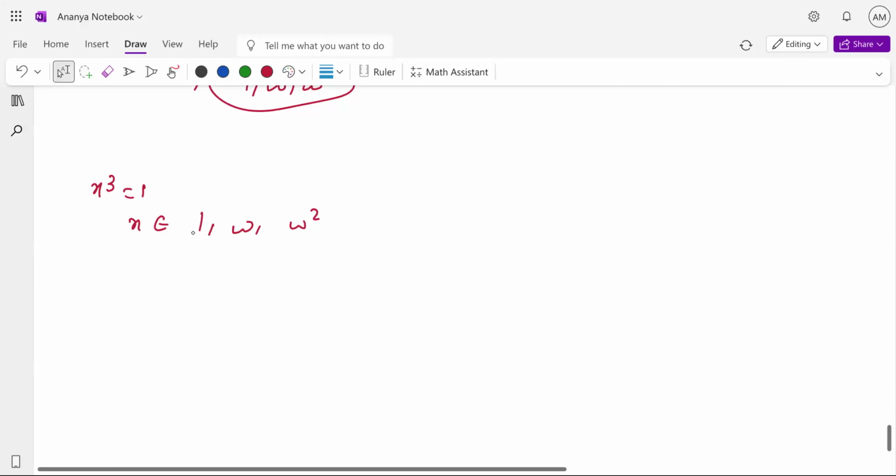And you know 1 can be written as cos 0 plus i times sine 0. What was the value of omega? It is minus 1 by 2 plus i times root 3 by 2.